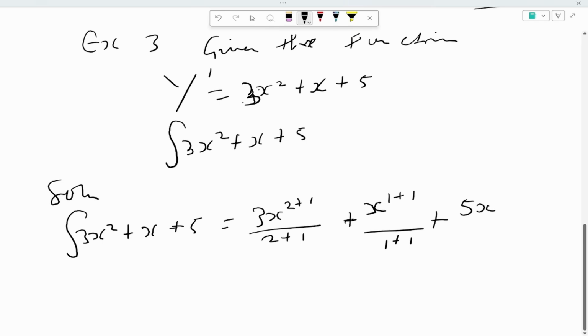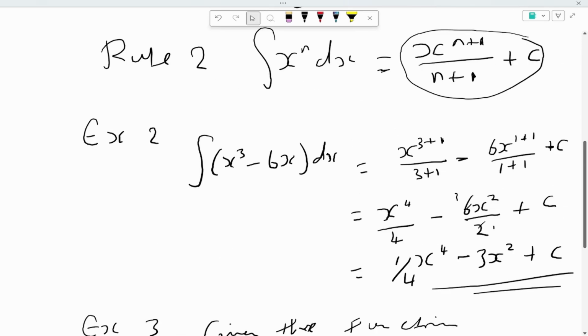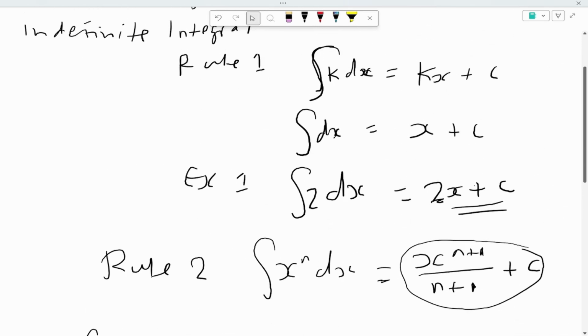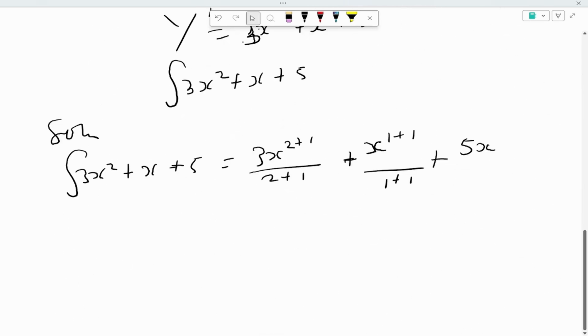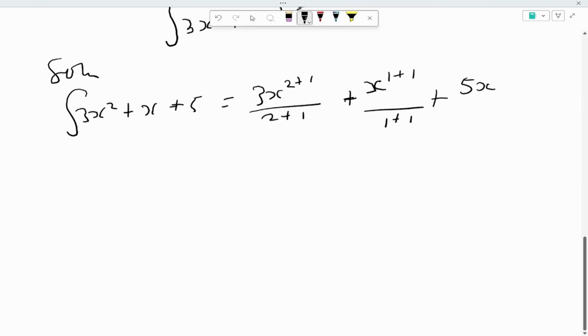You now introduce x following the rule here. Don't forget, 5 is raised to power 0, so you don't need to put anything, and it's going to be all over 1 too, but we can just put it so that you will understand. Then you introduce your c.